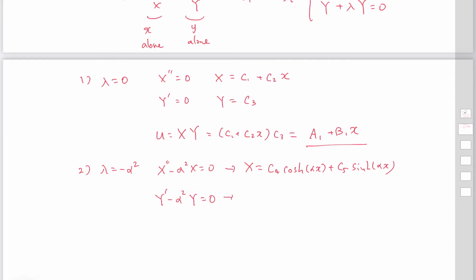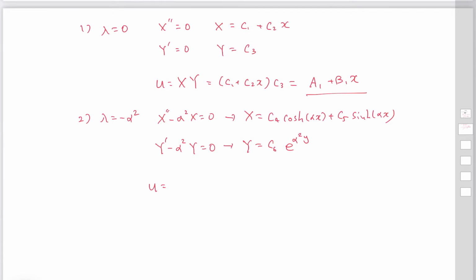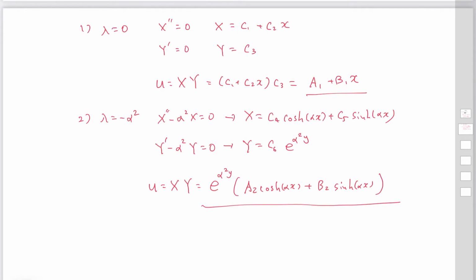From the second equation, you can find capital Y is c sub 6 exponential alpha squared y. Then u is the product of capital X and capital Y, so it becomes exponential alpha squared y times a sub 2 hyperbolic cosine alpha x plus b sub 2 hyperbolic sine alpha x. This is the solution when lambda is a negative quantity.